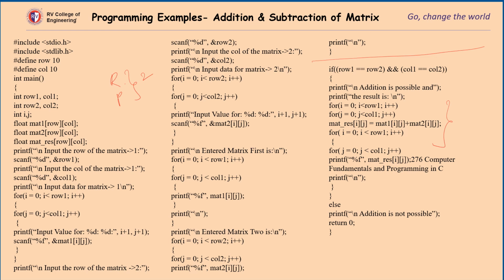For i equal to 0 less than row 1, j equal to 0 less than column 1, you add element by element. As I told you before, whenever we are accessing a single dimensional array, you need to mention one subscript. For a two dimensional array, we are supposed to mention the two subscripts. Then only your program will run appropriately.